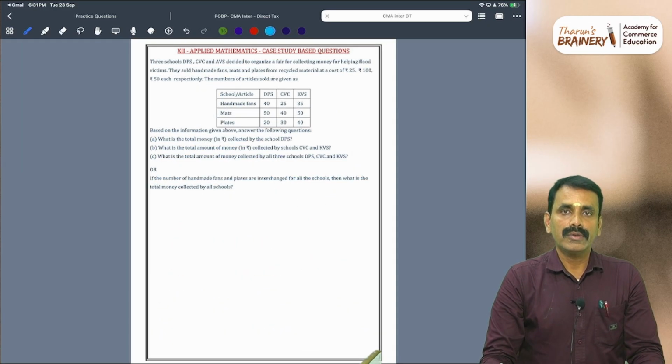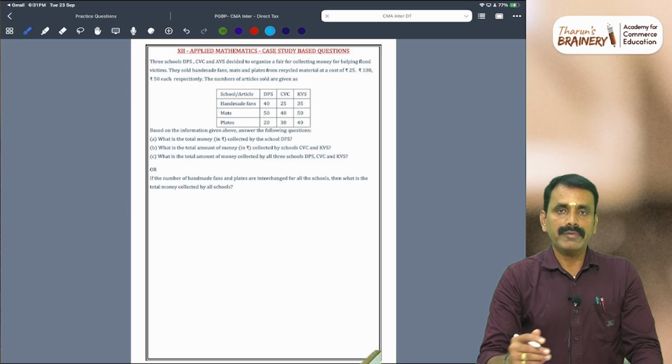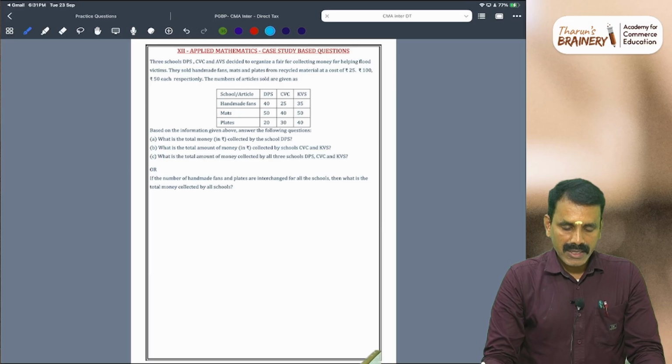This is also a problem based on a case study question, similar to the previous one. Okay, read the question carefully. 3 schools, DPS, CVC and AVS decided to organize a fair for collecting money for helping flood victims. They sold handmade fans, mats and plates.